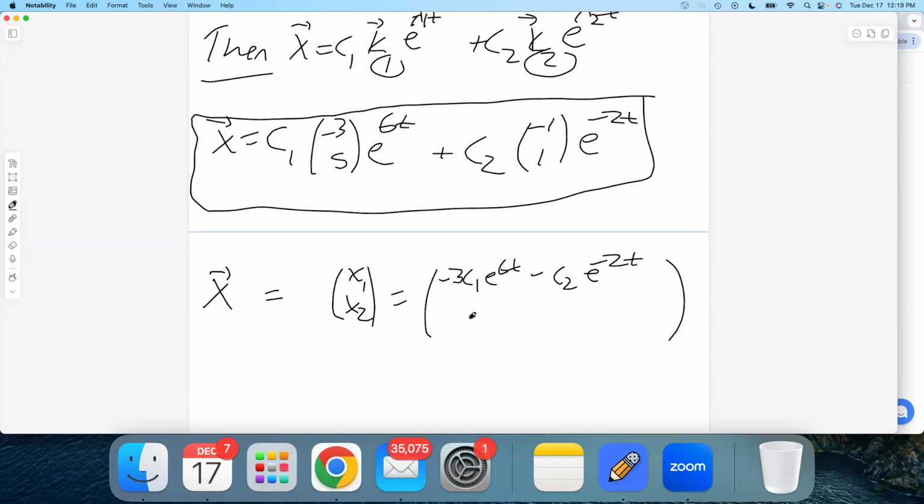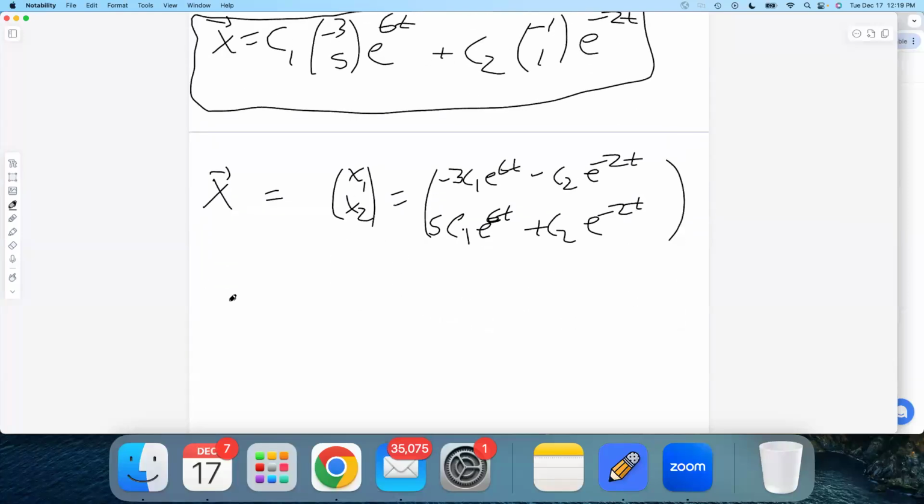And then going along the bottom, 5c1 e to the 6t plus 1 times c2 e to the -2t.